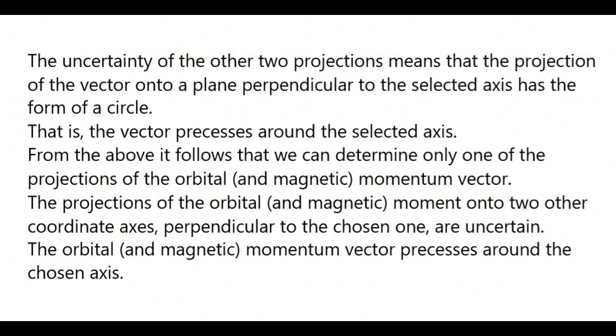From the above, it follows that we can determine only one of the projections of the orbital and magnetic momentum vector. The projections of the orbital and magnetic moment onto 2 other coordinate axes perpendicular to the chosen one are uncertain. The orbital and magnetic momentum vector precesses around the chosen axis.